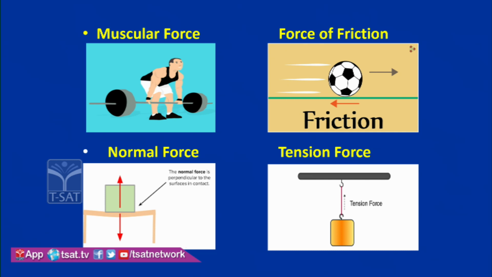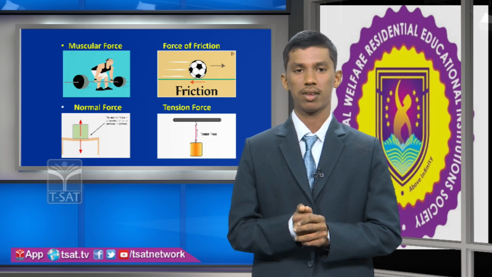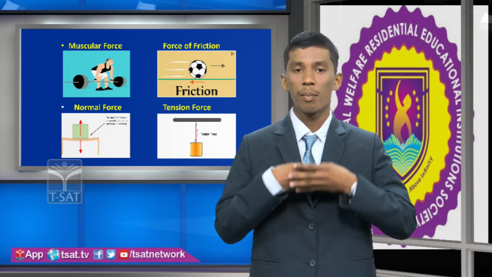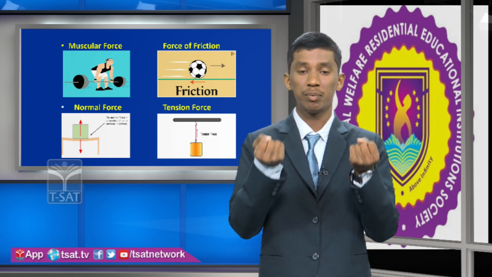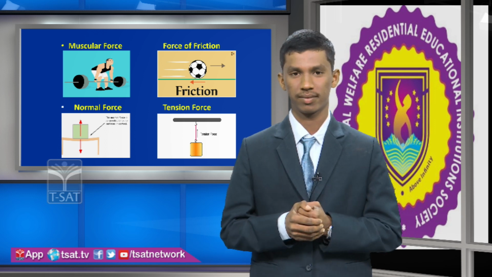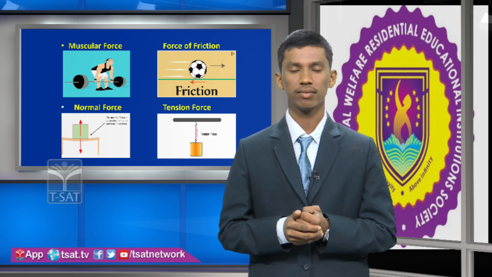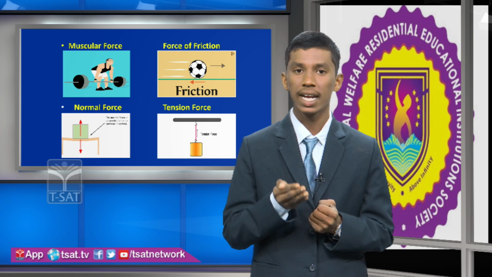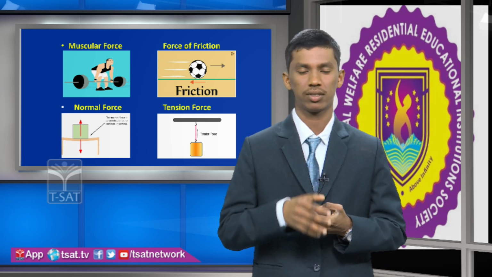Let me explain what muscular force is. Muscular force is the force exerted by using our body muscles. When a person lifts an object, even when we smile, there is a muscular force, right? Then normal force. Normal force means the force which acts against the gravitational force.